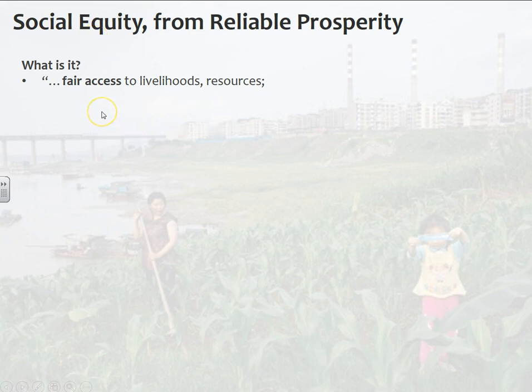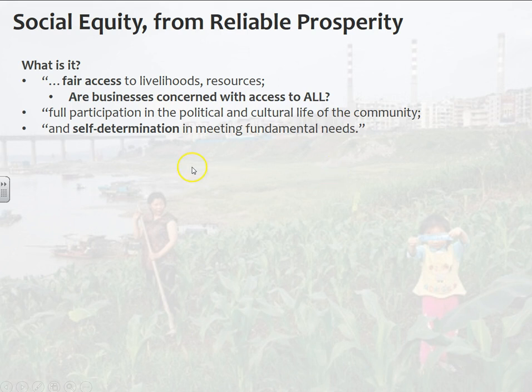It's all about fair access. It's not that everybody should have the same thing, but that everyone should have access to these things that we believe lead to a high quality of life. And they say the full participation in political and cultural life of community, self-determination. So all this stuff is basically social justice, all right? It's fair access. So social equity and social justice are effectively the same thing.